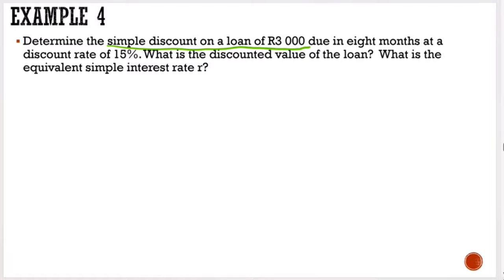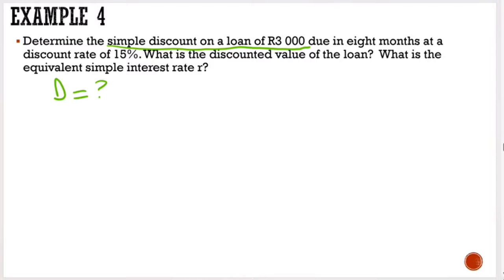A simple discount is your capital D. Okay, you are not asked to find a discount rate, but you are asked to find a simple discount on a loan. Remember, a simple discount is calculated on a future value. Okay, that is the definition of a simple discount. It is calculated on a future value.